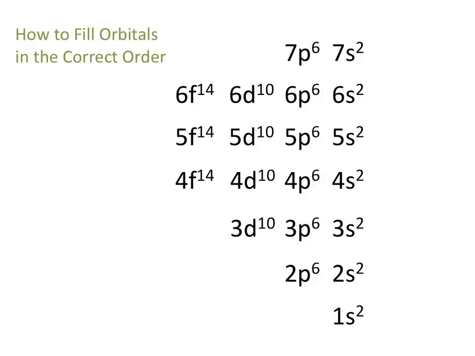Now you might be wondering how to keep track of the order in which to fill these orbitals. Here's a simple diagram you could make, remembering that the n=1 shell contains only an s subshell, while the n=2 shell contains only s and p subshells, and then the n=3 shell contains only s, p, and d subshells.